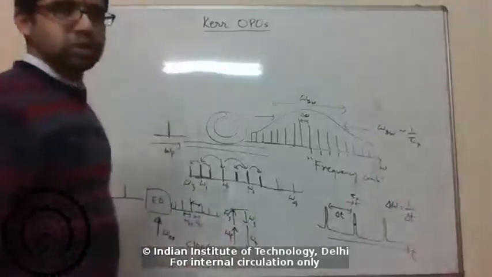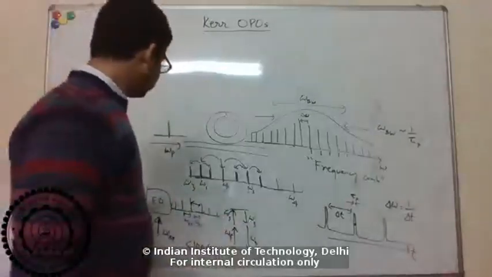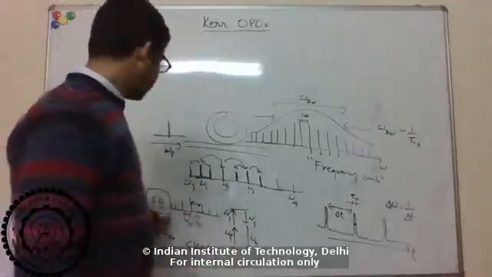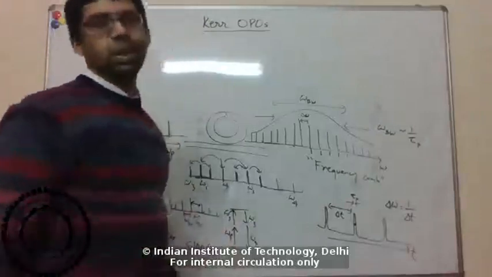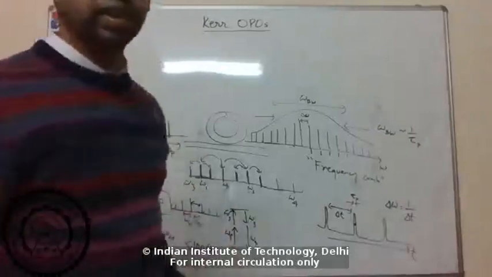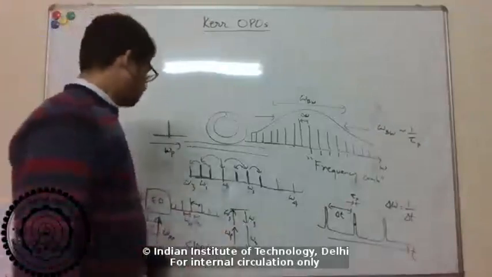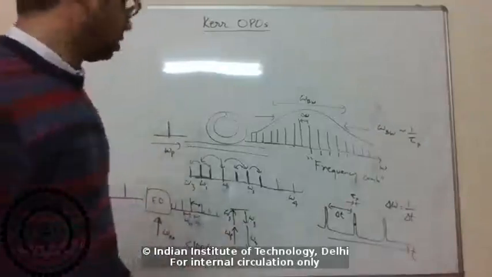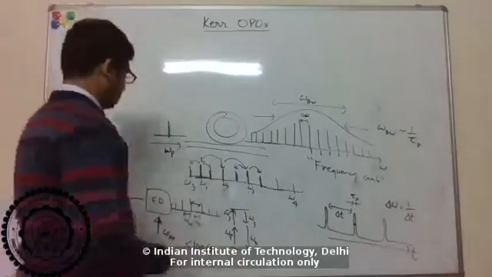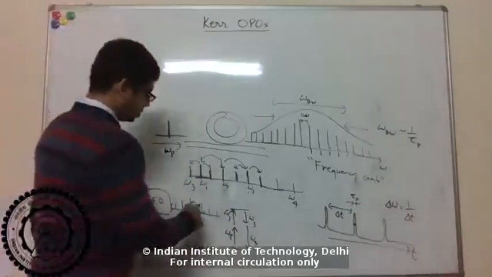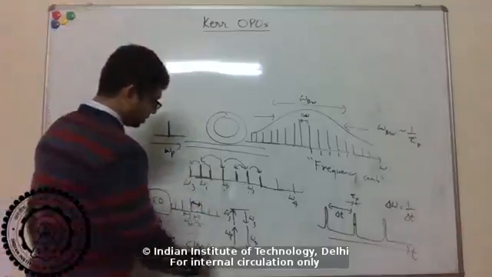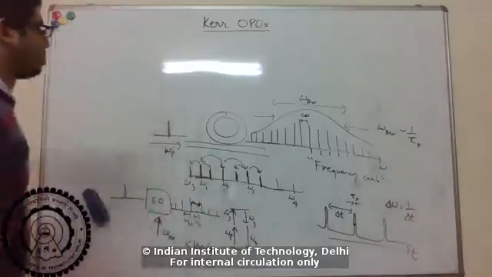The most expensive, best modulators you can get maybe can go up to about 100 gigahertz. Even that is very difficult. So the standard ones go up to like 40 gigahertz. So the spacing here maximum you can get is that.